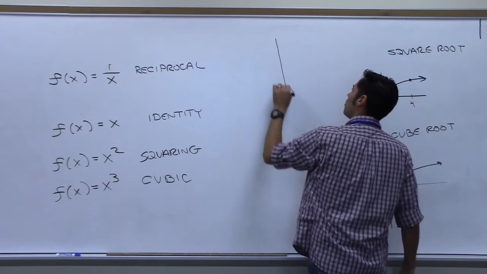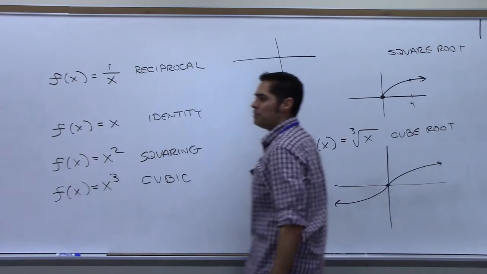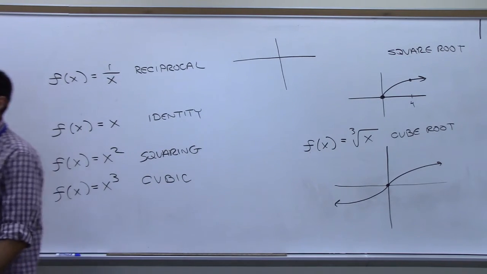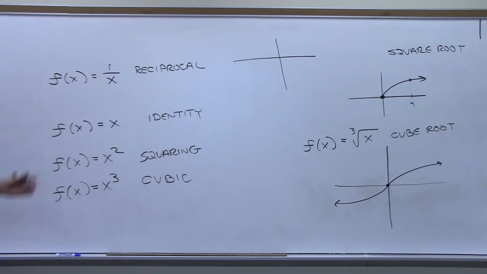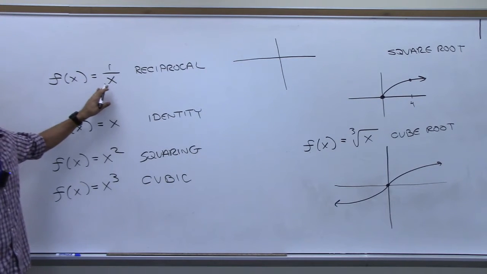And what makes it so interesting is that it's the first function that actually has some really serious domain problems, right? Like the square root has a domain problem, I agree. You can't do square root of a negative number. But this one, we can't plug in 0, right?